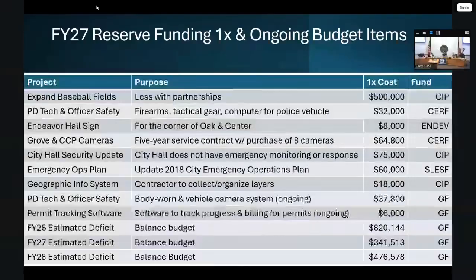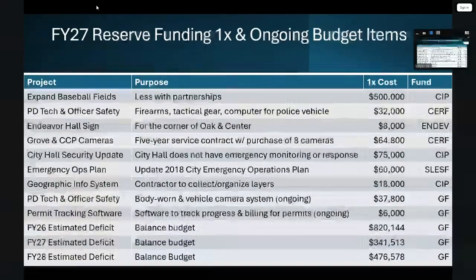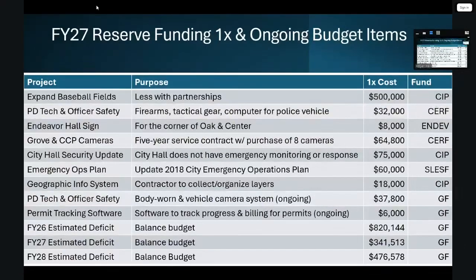Okay. And the only other question I had is, when we go back to the list of the reserve projects, we removed the library exterior painting, the 100,000 or so, but we don't have any of the library refresh phase 2 or 3 in here, right?